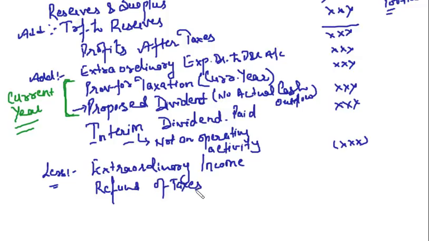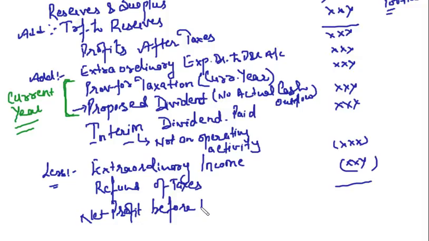Because this is not an income relating to the routine operations of business. Now this is what we get as net profit before taxes and extraordinary items.